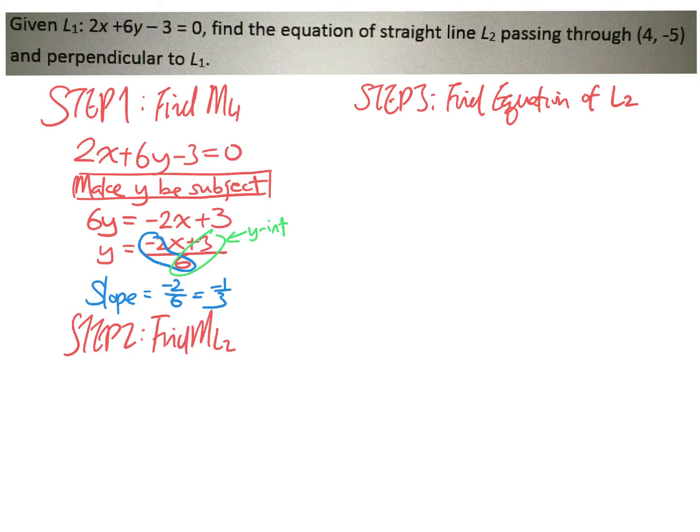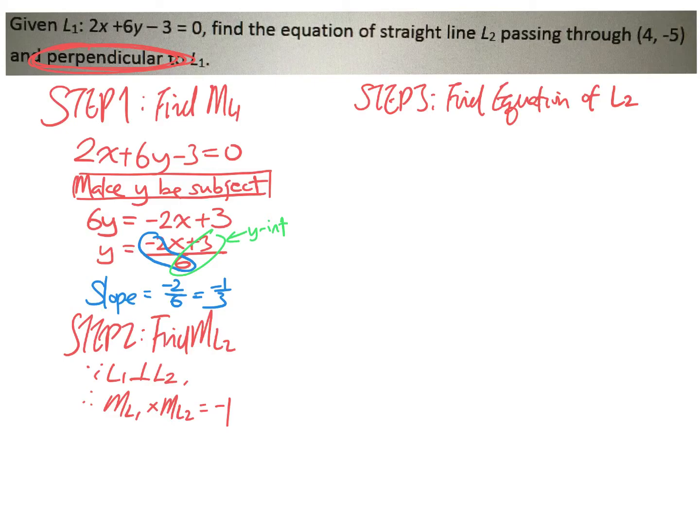After we find the slope of L1, we can find the slope of L2 by a keyword here, perpendicular. Since L1 is perpendicular to L2, the two slopes multiplied together equal negative 1.